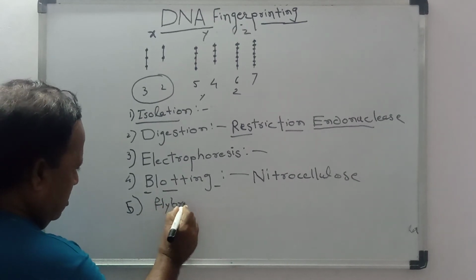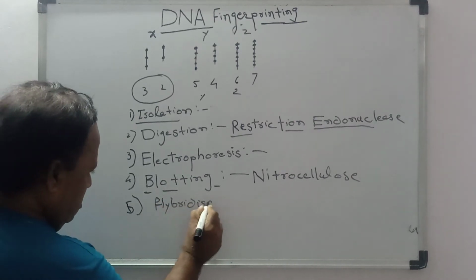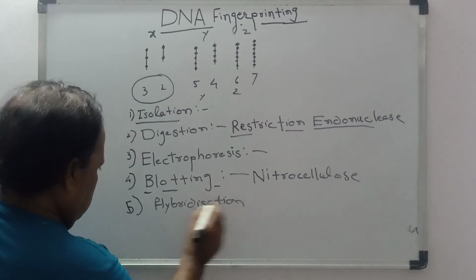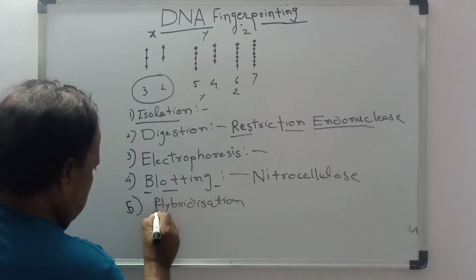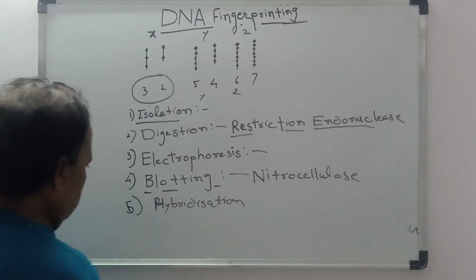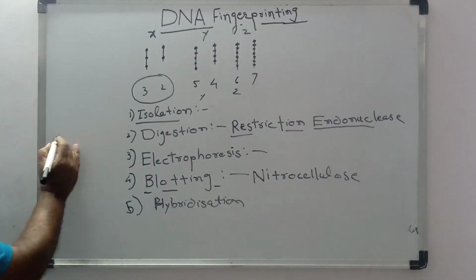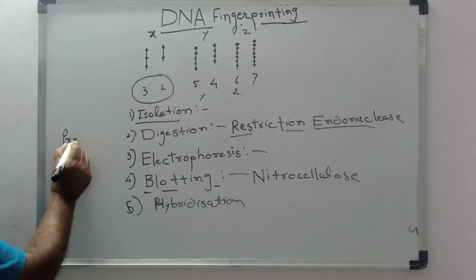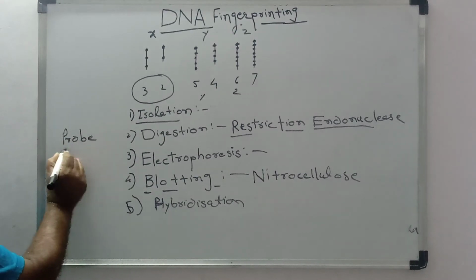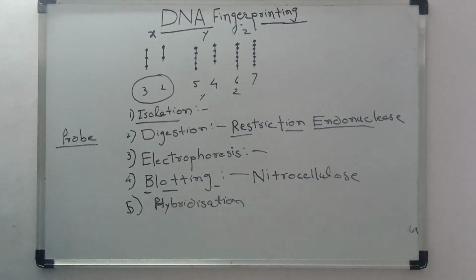Then the fifth step is hybridization. In this process, a probe is used, a radioactive probe, so that we can identify the fragments. Okay.